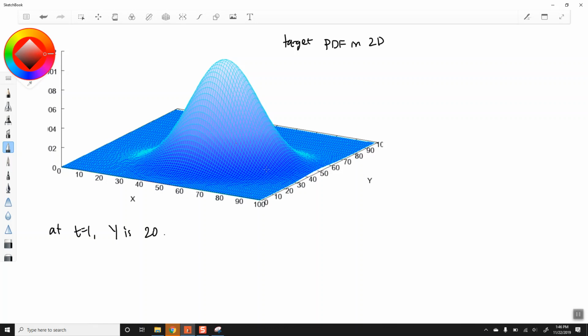What we do is we lock in this value 20, and I don't know if this is actually the thing, but I'm just tracing. This is really hard to do. So I'm going to just trace the contour here.